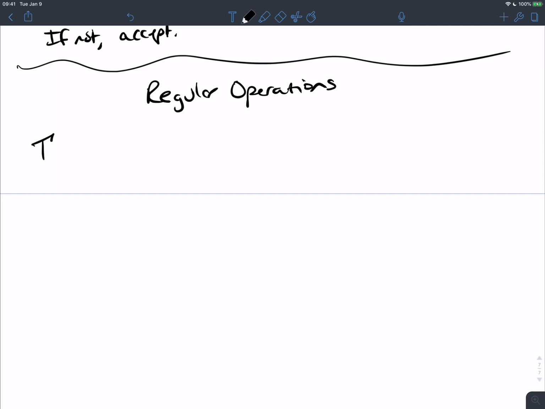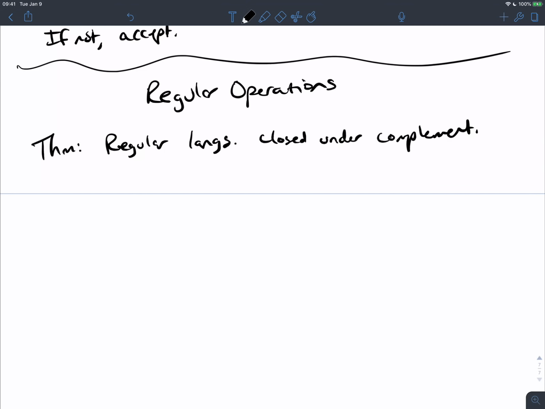So in fact, what we'll show here is that regular languages are closed under complement. Another way to say this is if L is regular, then it must be that L bar is also regular.